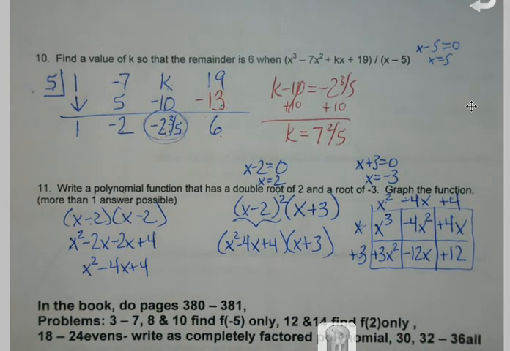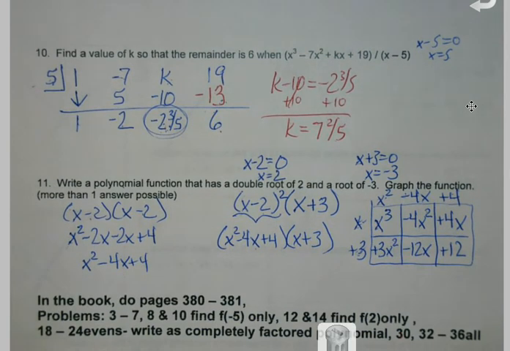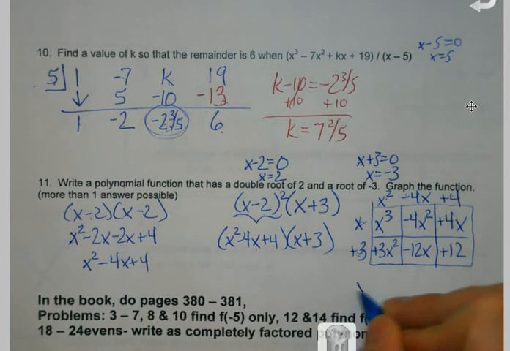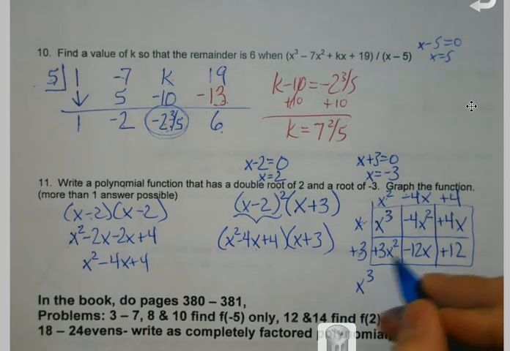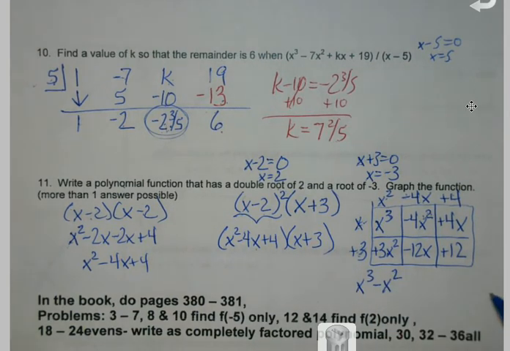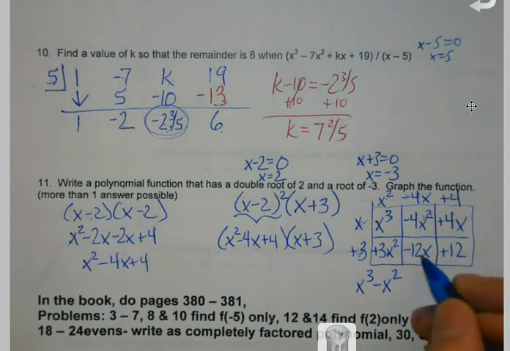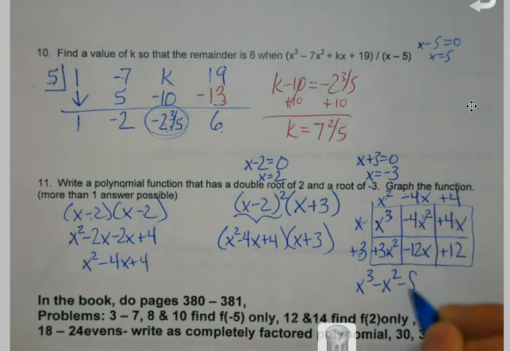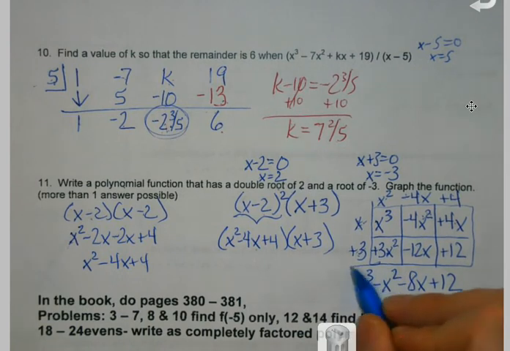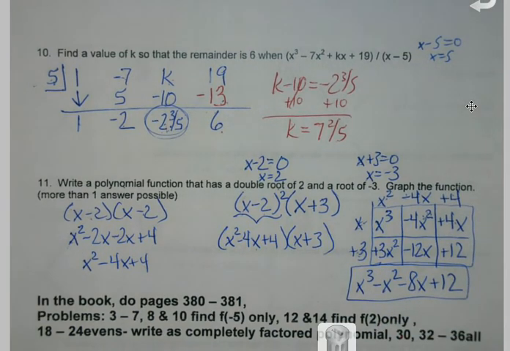So as I get towards the end then, I'm like, oh, start with x to the third, okay. There's my like terms with my x squareds. Again, only messing with the coefficients. Don't mess with the exponents anymore, because now we're just combining like terms. Negative 12 and 4 is negative 8x plus 12. That would be one way I could write a polynomial function.